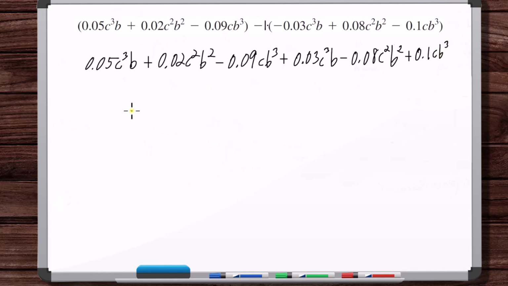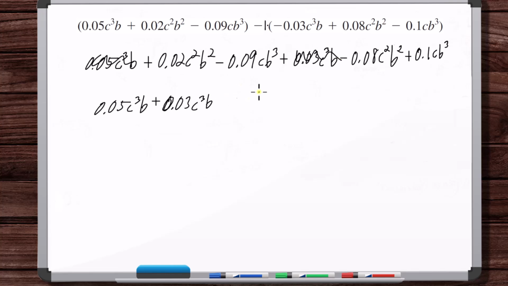Okay, so now let's bring the like terms together, because this is kind of confusing and we want to make sure we can see this clearly. So, all right, c cubed b, now we've got 0.03 c cubed b. Okay, so those are done.